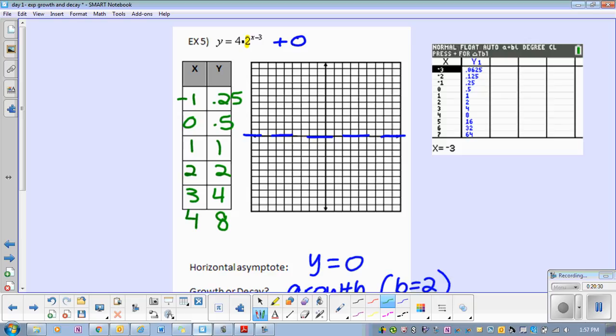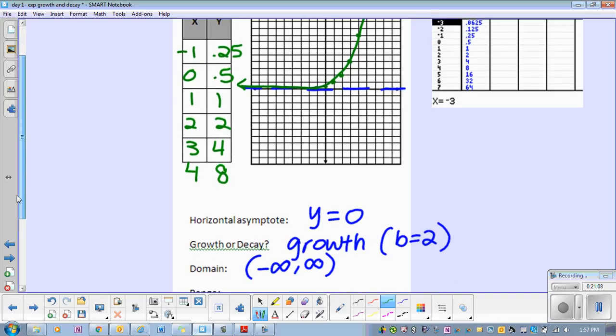And then let's graph this. Okay. So there's my graph.